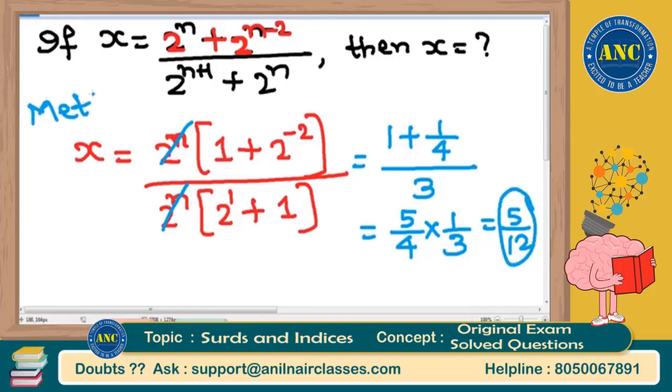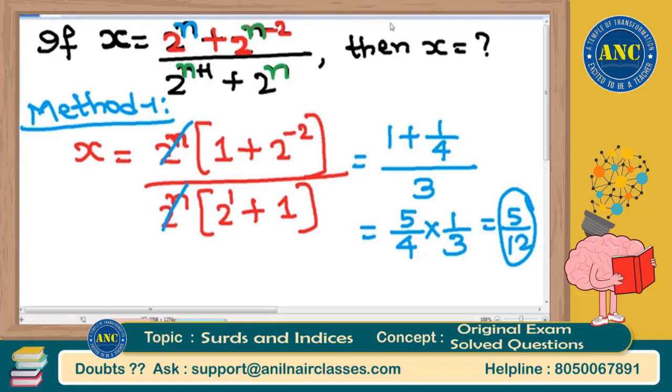This is my method 1, which you can implement in solving the problem. Please observe the question. It is given in terms of n on the right hand side, and that n is an independent value. That means, if I put n value 0, will I get some value for x, and if I put n value 1, will I get some other value for x?